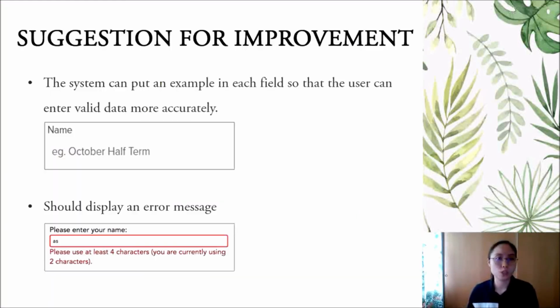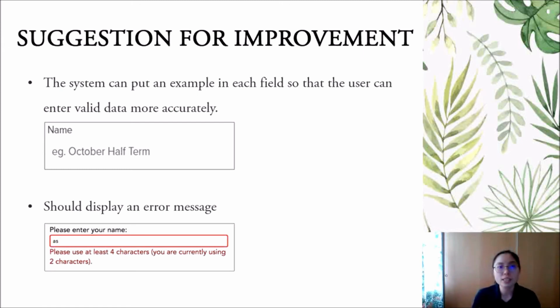Next, I will move to the suggestion for improvement, and the selected web-based application for this project is School Management System. There are a few limitations that have been found during the manual testing, such as the system does not provide an error message at certain times when the user enters invalid data. And the system also cannot recognize invalid class, such as the user enters only numbers in the name field, but it still can be saved.